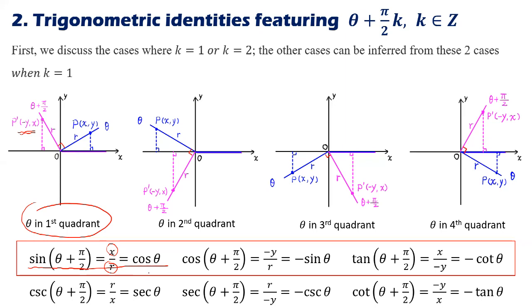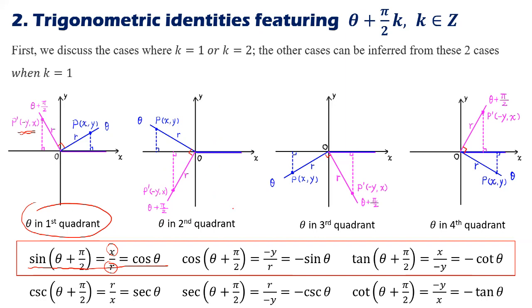Understand? And the same thing will also happen if theta is in either the second, third, or fourth quadrant. If you have a point P (x, y), after we have turned this angle another half pi counterclockwise, P will come to a position P prime with coordinates -y, x.